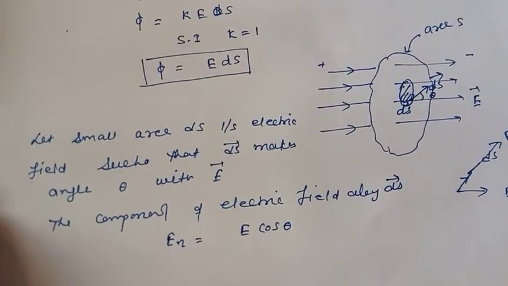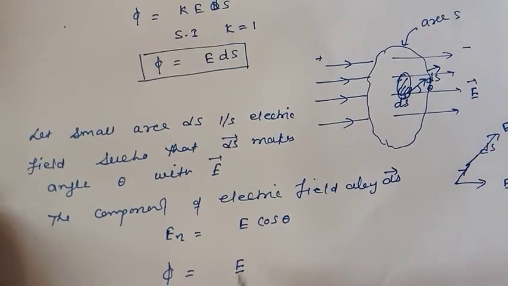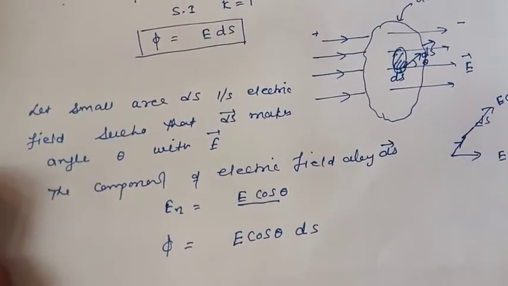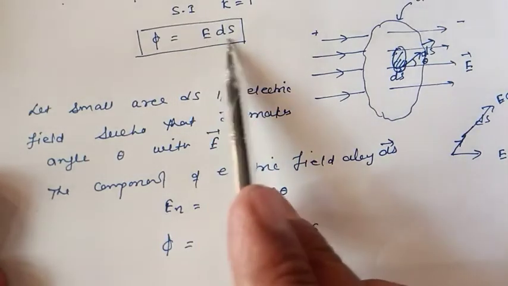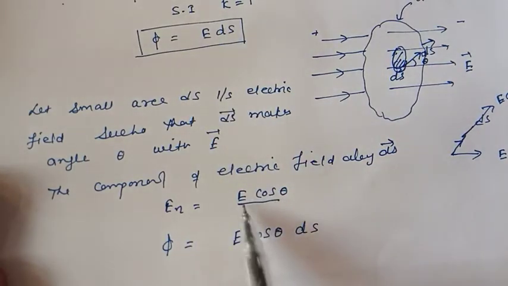Now what is electric flux? Electric flux is equal to the product of electric field into area. So electric field is what? E cos theta into ds. The formula for electric flux is what? E ds. What is electric field here? E cos theta.